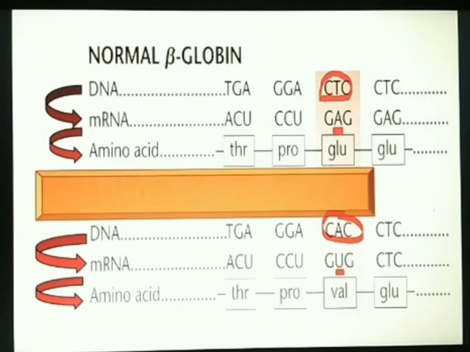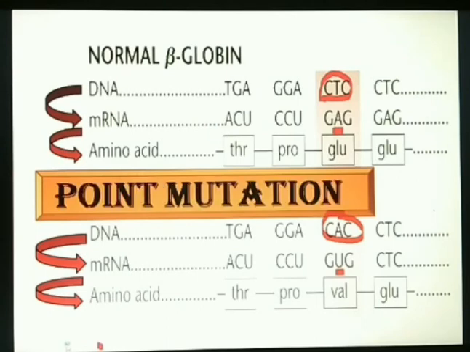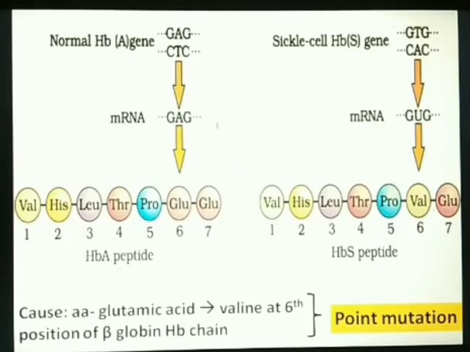This mutation is also called a point mutation since there is substitution of only one nitrogen base, mutation of only a single nitrogen base. So here the mutant gene causes the substitution of glutamic acid by valine, which is another amino acid.